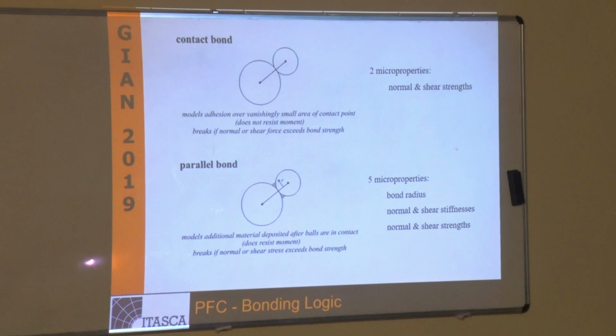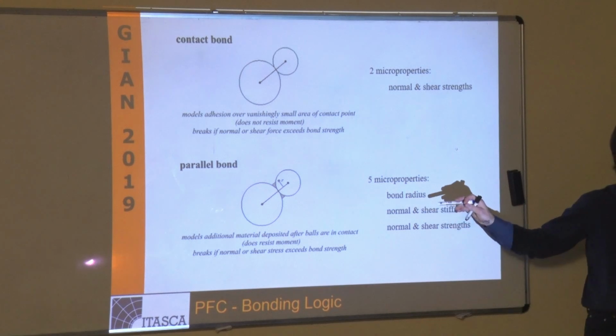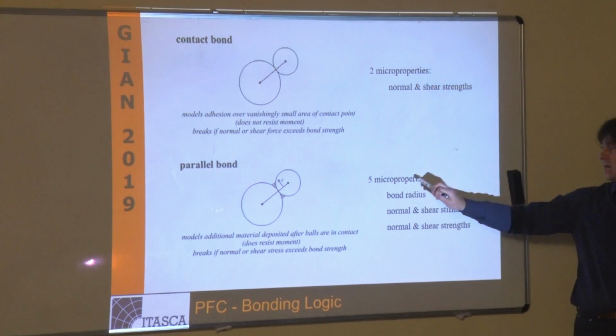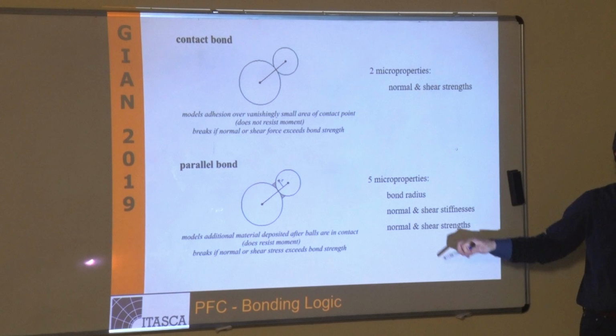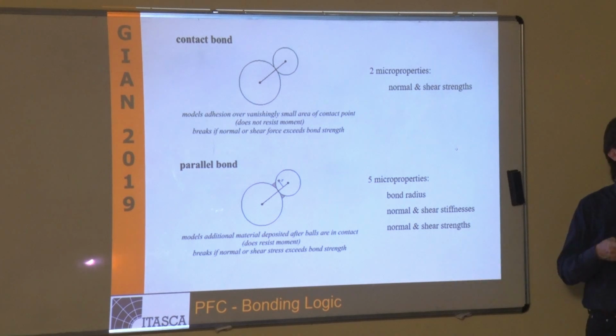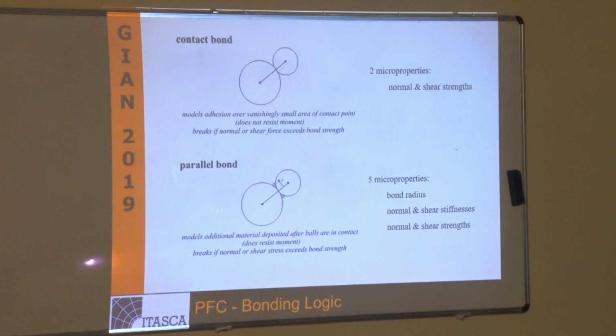In the sense that you need to assign properties, but those properties are micro properties, and there are many, and you have no way to measure those. That means that you have more variables or properties that you need to assign than constraints.